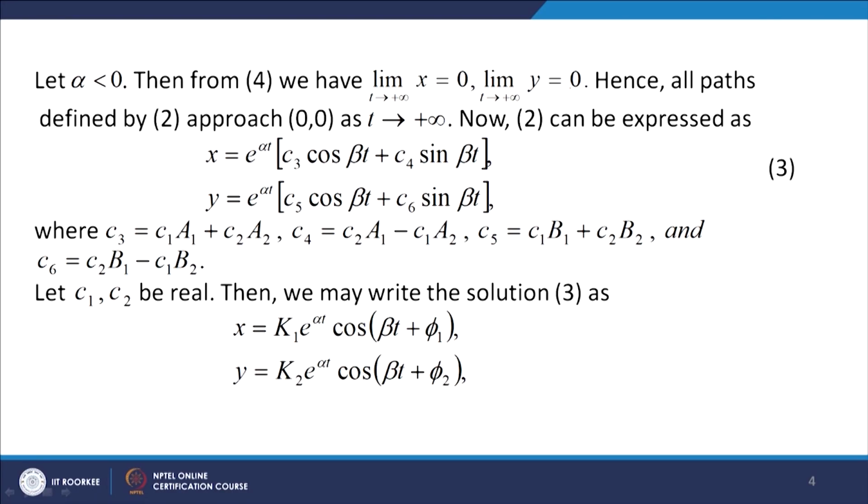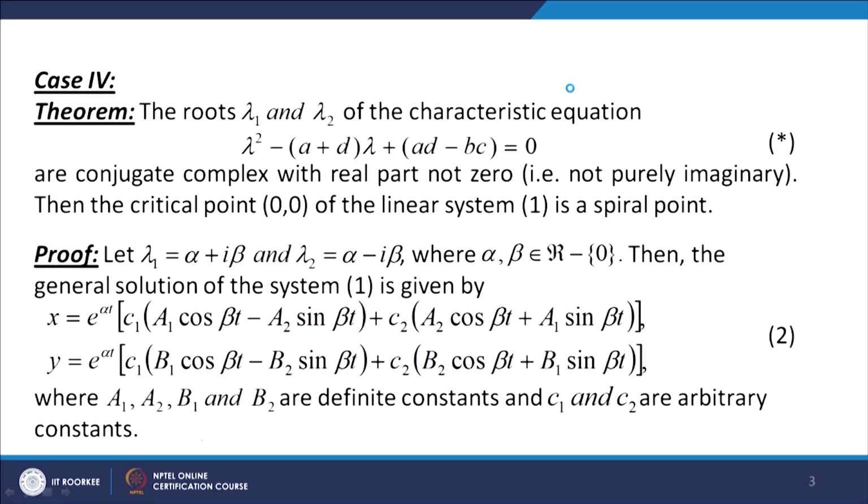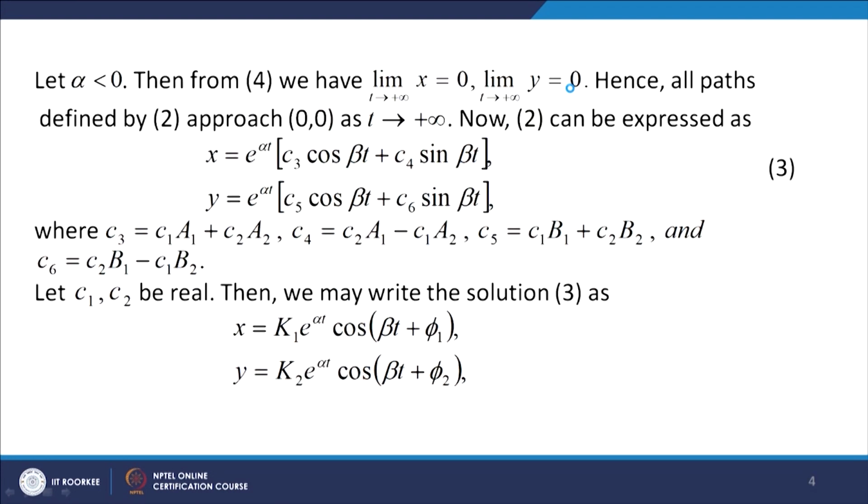Now, we can write the equations 2 by collecting the coefficients of cos beta t and sin beta t. x and y can be expressed in this form: x equal to e to power alpha t multiplied by c3 cos beta t plus c4 sin beta t, y equal to e to power alpha t multiplied by c5 cos beta t plus c6 sin beta t.